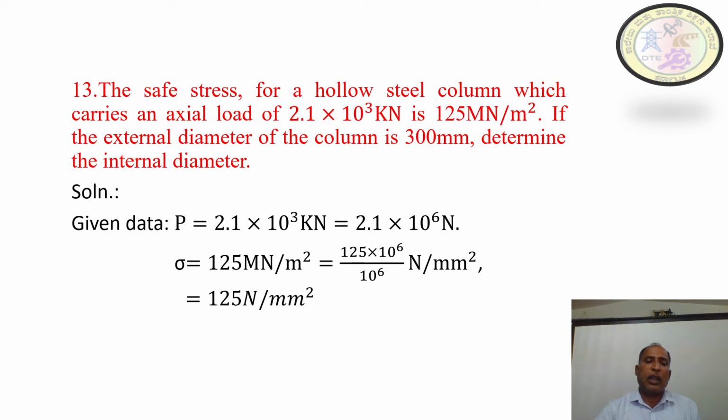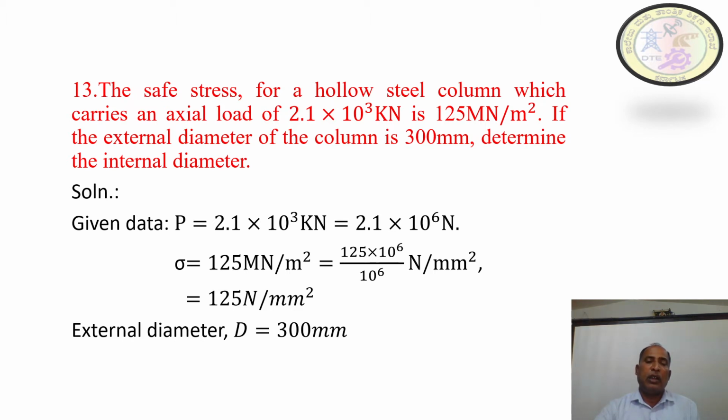Or you can directly write sigma equal to 125 meganewton per meter square is equal to 125 newton per mm square, because 1 meganewton per meter square is equal to 1 newton per mm square. And the external diameter is given, capital D is equal to 300 mm. Now it is required to calculate the internal diameter.